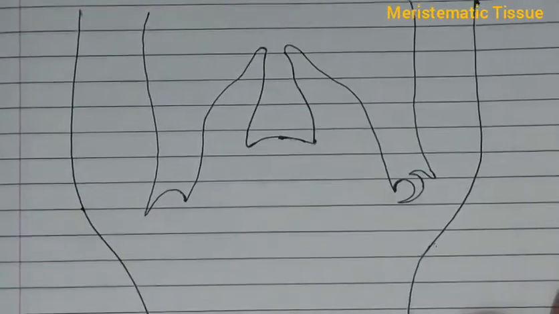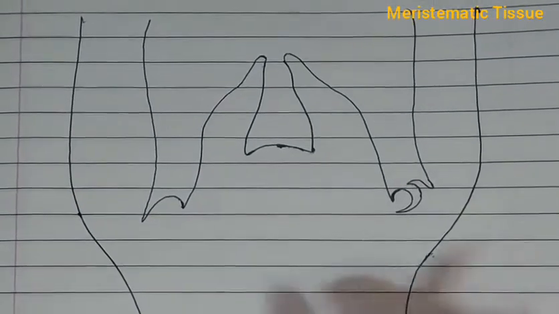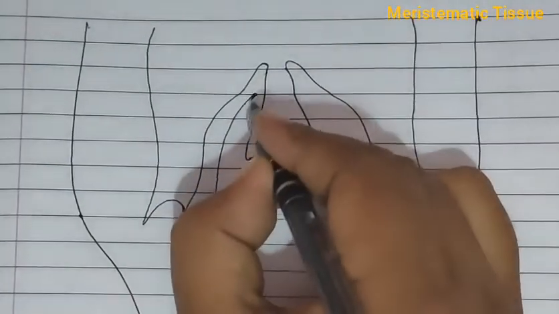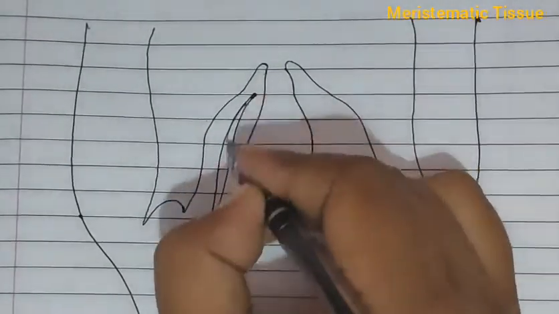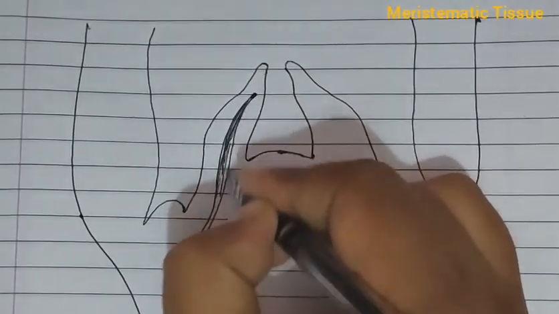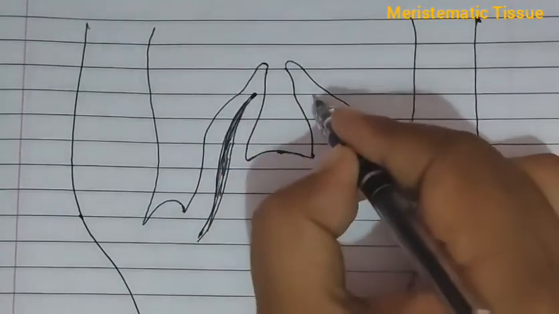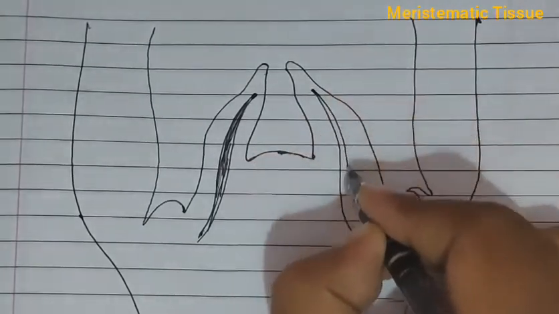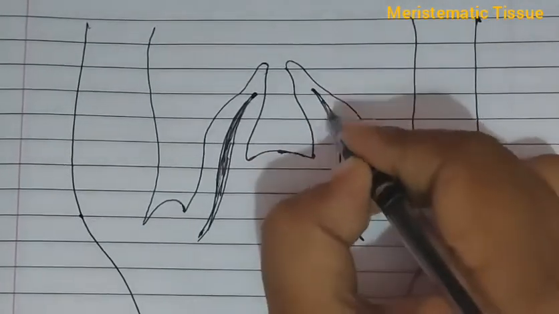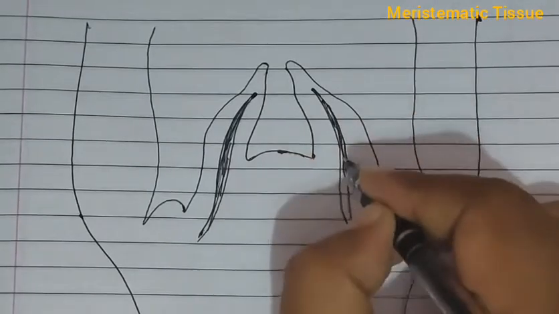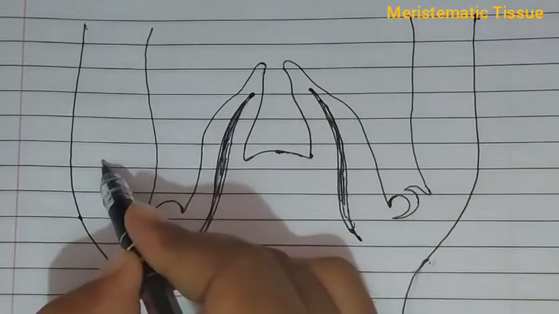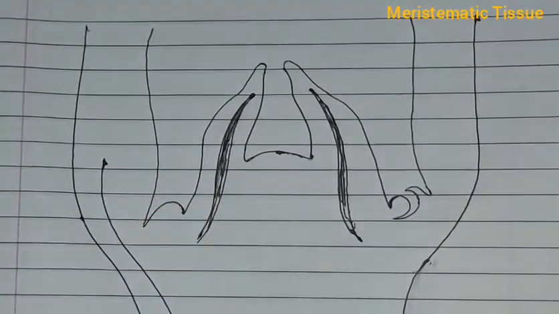So this is how the apex is organized, and in this apex you will find some tissue like this.